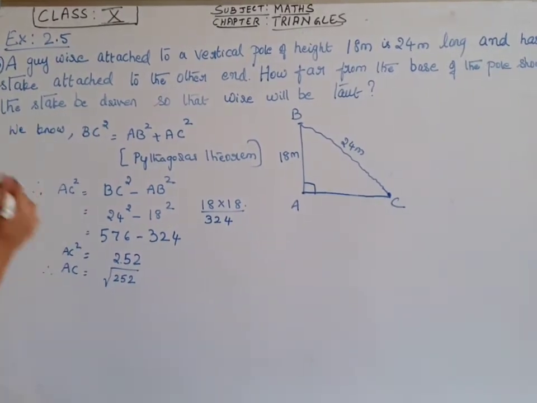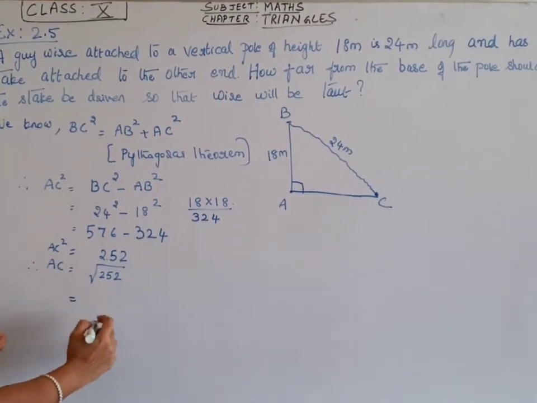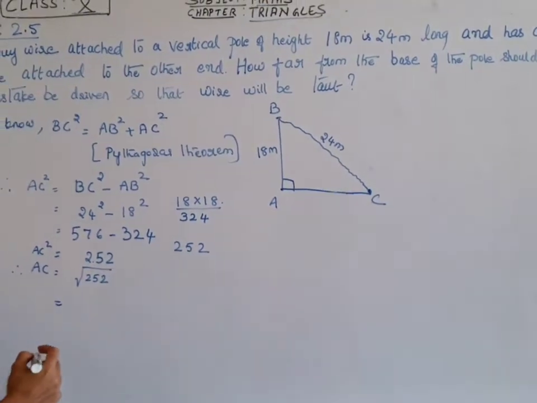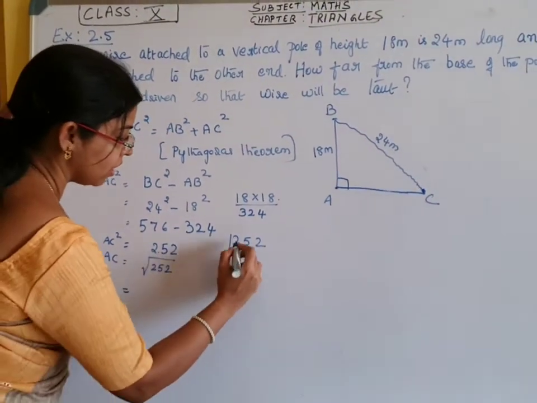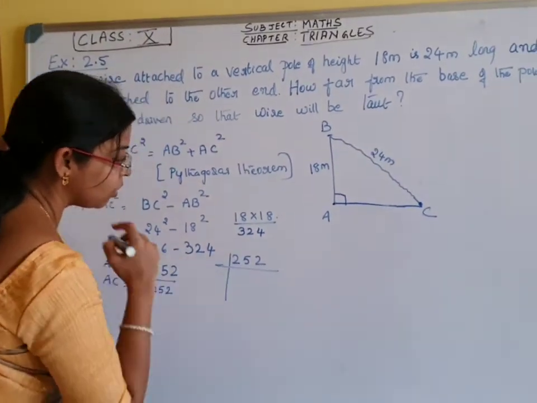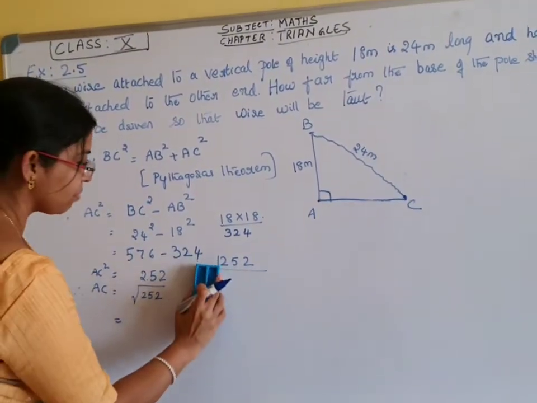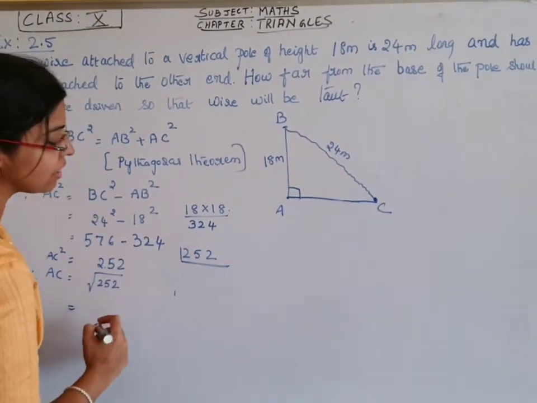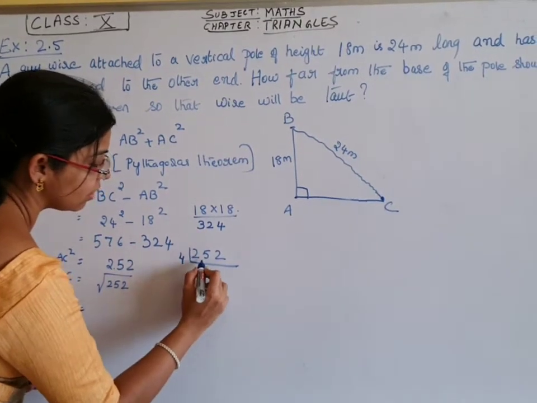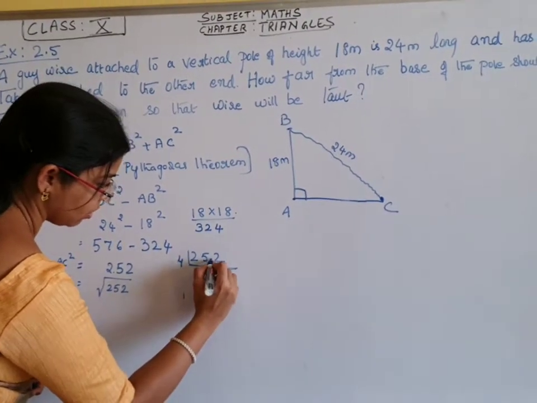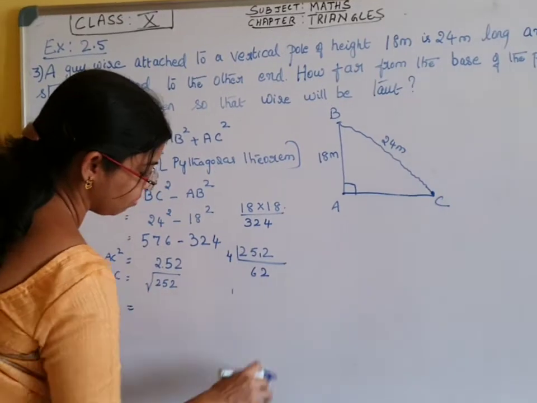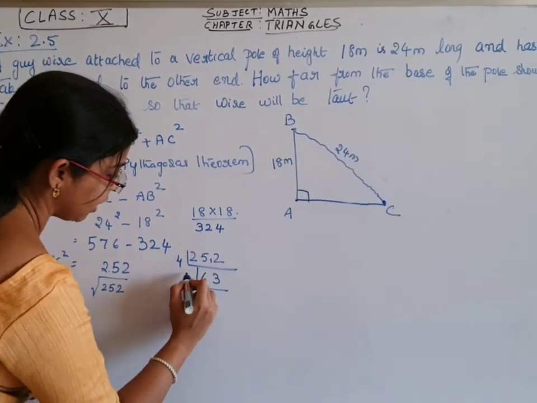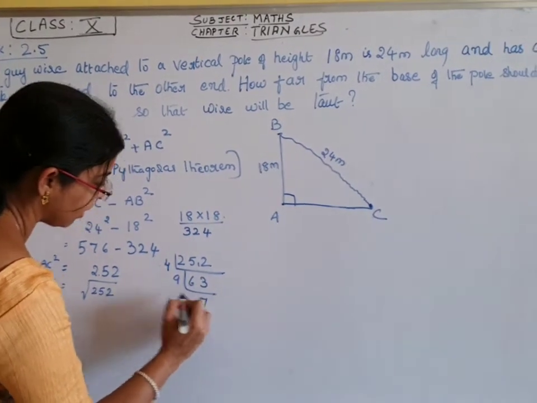We do not leave it at this. We need to simplify the square root of 252. You have learned last year in 8th how to find the square root. How do we do it? We factorize: 4, then 3 and then 9, 7.